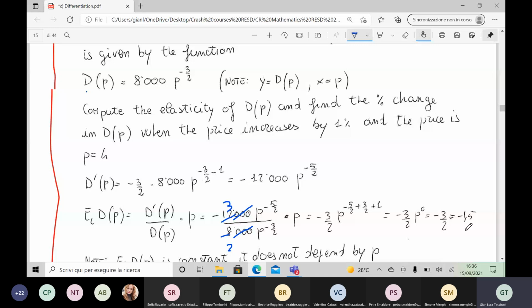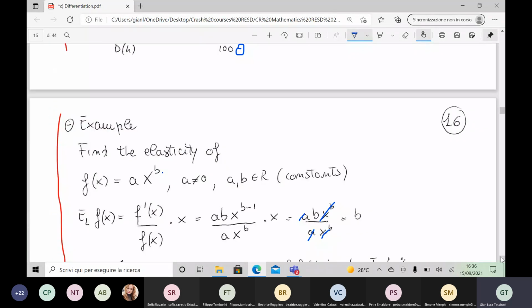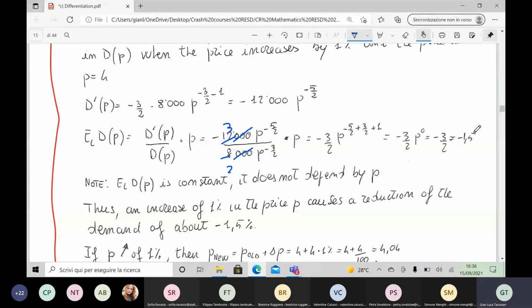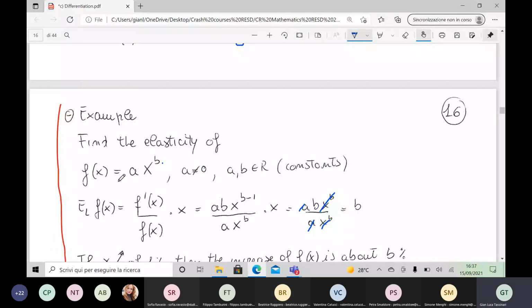Isn't it interesting? Again, also in this case, but this is not always the case, the elasticity, as in the last case, guys, was a constant, and here is also a constant. Guys, can you imagine why? Wait a moment. Look at the function. Here you had a constant times a variable to the power a constant, and we got a constant.